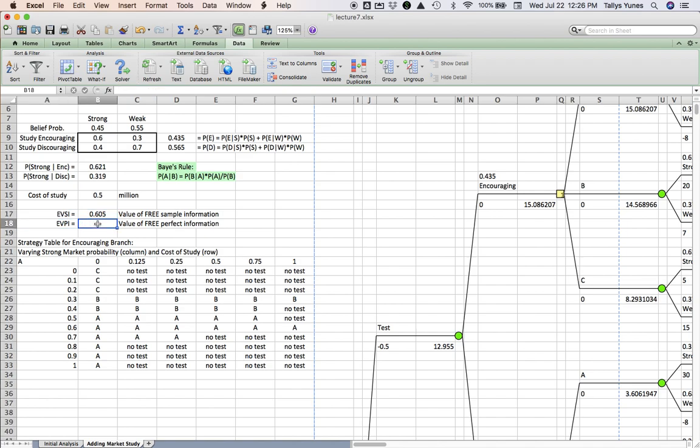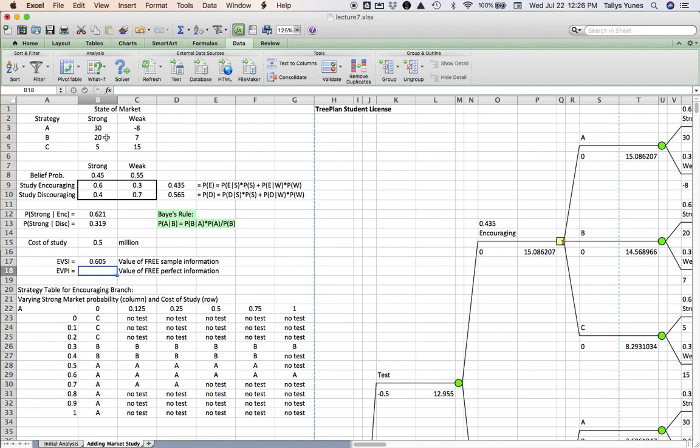Well, it's also going to be a difference between if I had a perfect test minus what I can do by myself, like I did before. Now you can think of a perfect test as a crystal ball. If you had a crystal ball that you could ask, will the market be strong for my product or weak? Well, look at this particular payoff table up here.